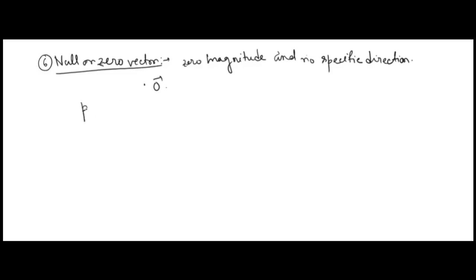Now I will talk about the properties of zero vector. Number 1, if a vector A is added with zero vector, then you get the same vector. That means if any vector is added to zero vector, you get the same vector.